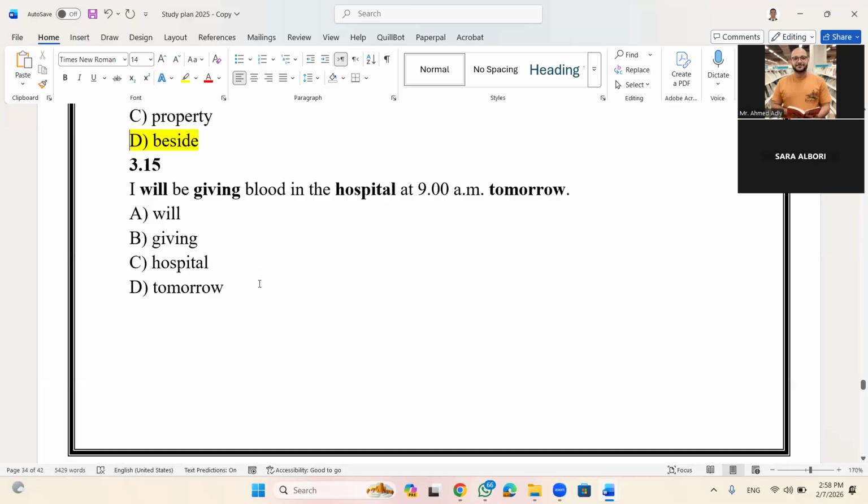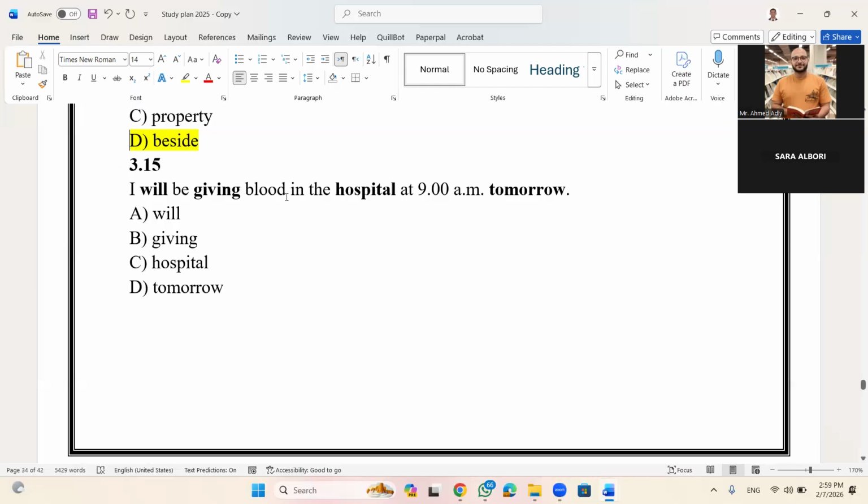I will be giving blood in the hospital at 9 a.m. tomorrow. Yeah, I'll be giving blood in the hospital. It is right. It's right, clear. Is it blood?